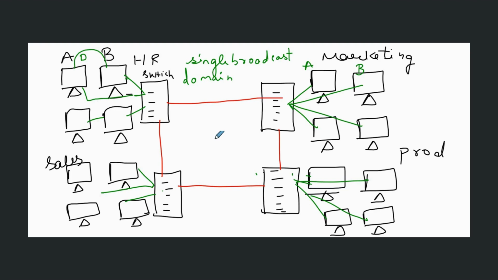I hope my students are brilliant, so think about the answer. Yes, why can't you put a router? Now Mr. Router is introduced in the architecture. The router is telling, I am there to communicate between the different departments, don't worry.